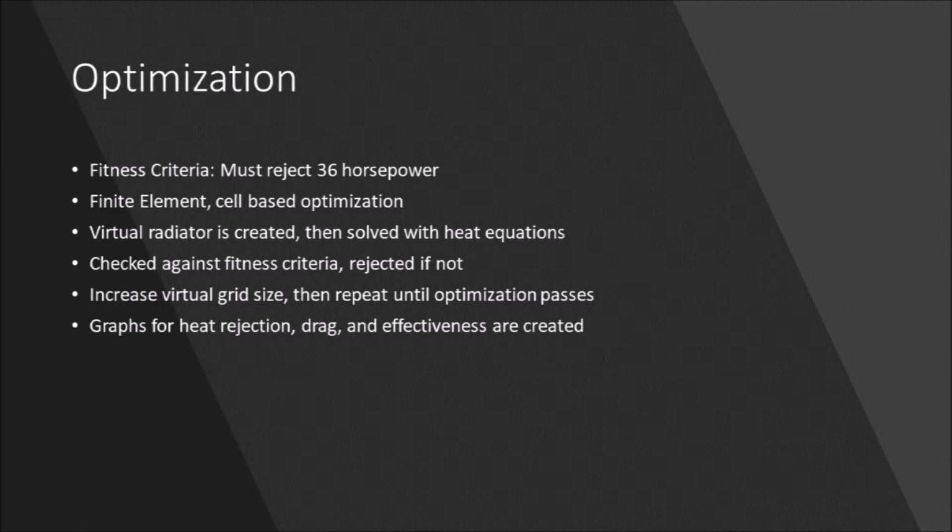The optimization was done in MATLAB. The radiator must be able to reject a maximum of 36 horsepower, while constrained by the dimensions and temperatures. It is a finite element solver that creates a single virtual radiator of a set size. It is then solved with heat transfer equations to calculate the maximum heat transfer. It is checked against the fitness criteria.